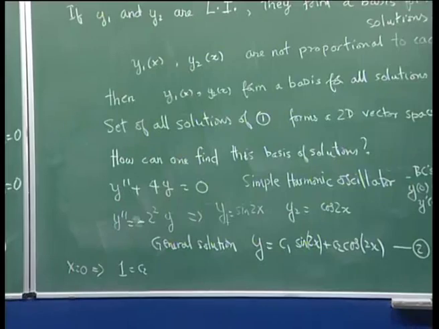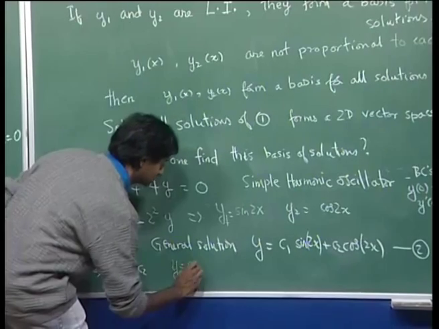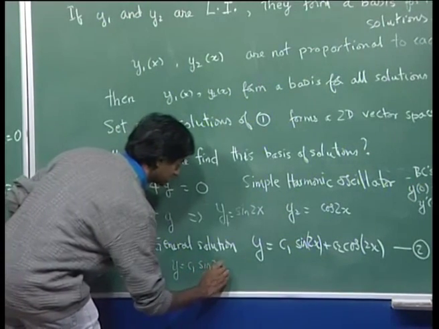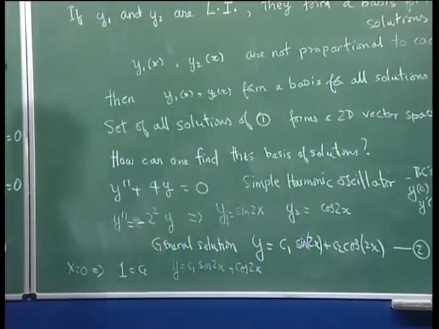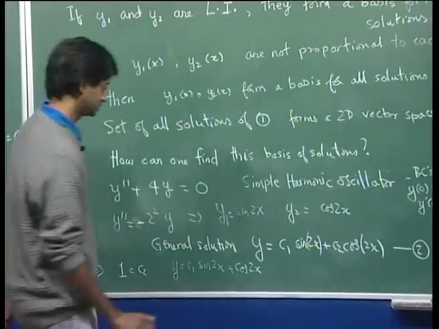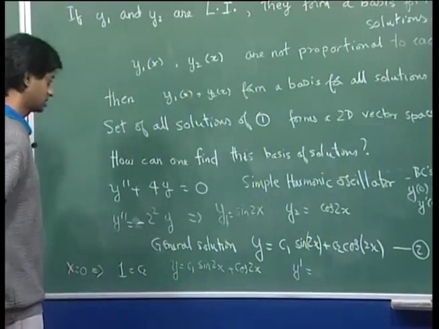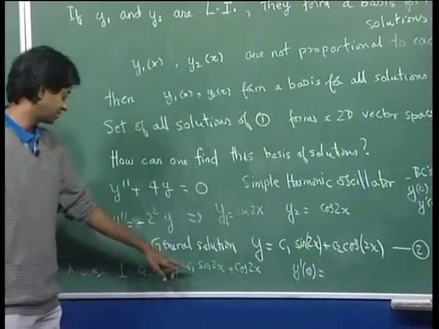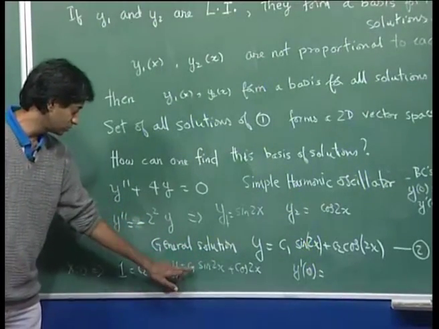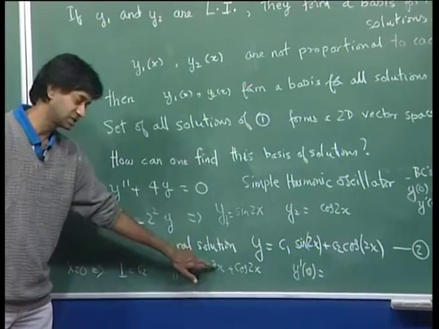So you have determined C2, and then you have y equal to C1 sin 2x plus cos 2x. Then you take the derivative. So y prime at 0, if I take the derivative here, I will get 2 C1 cos 2x, and if I put x equal to 0, cos 0 is 1.